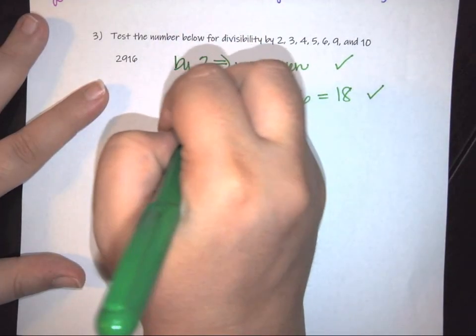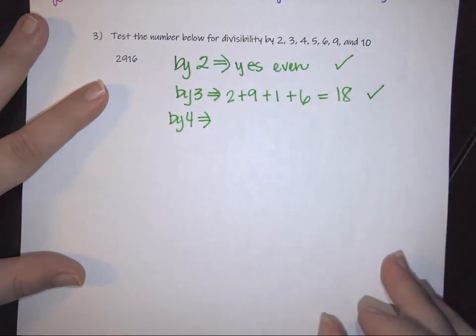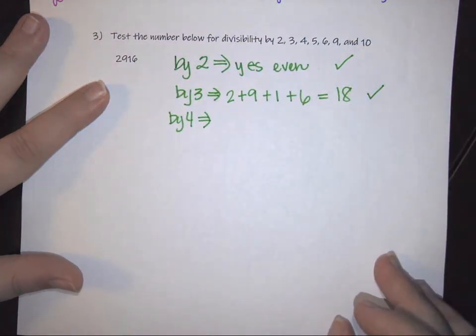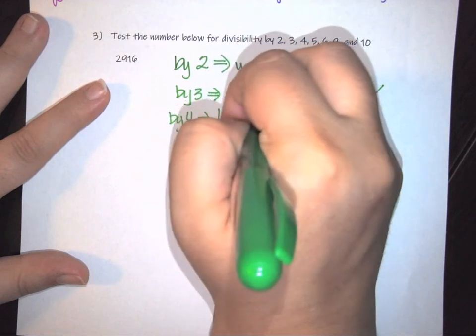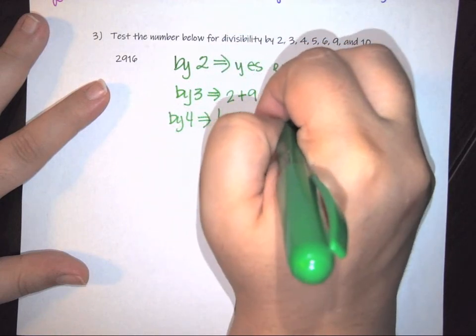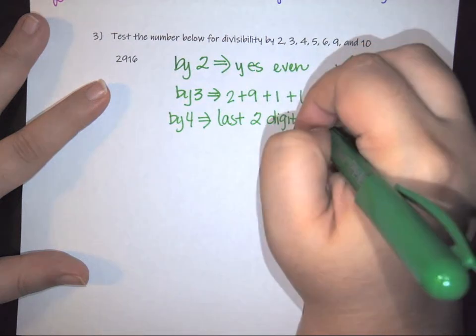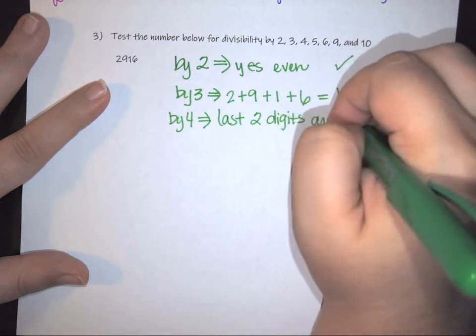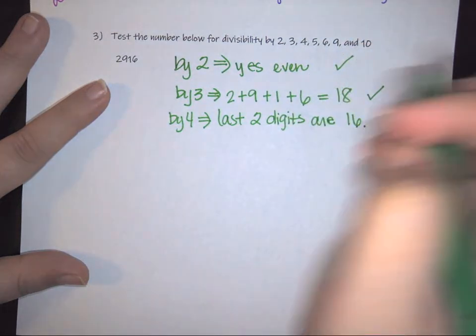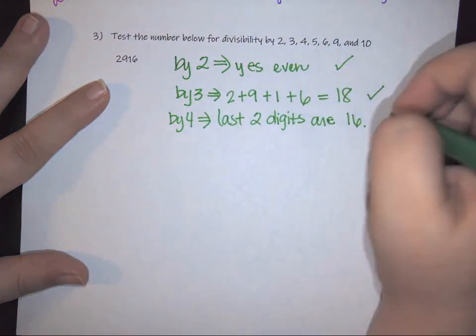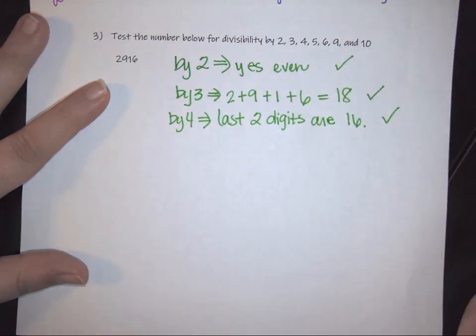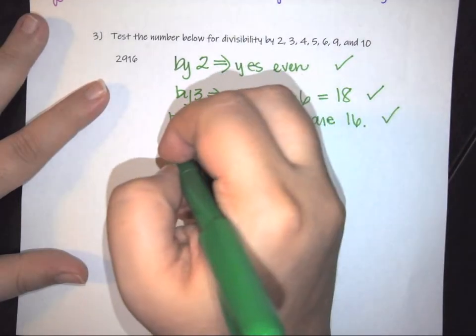To do divisible by 4 says we need to look at the last 2 digits. So my last 2 digits are 16. And then the question is, is 16 divisible by 4? Well, yes it is. Therefore, since 16 is divisible by 4, we pass the by 4 test.